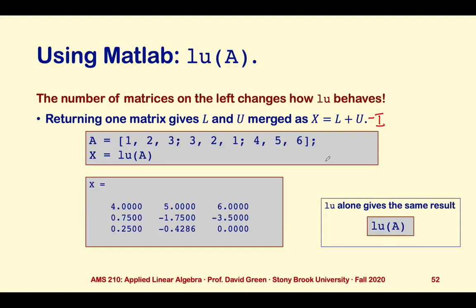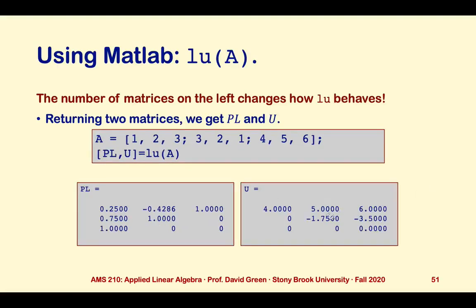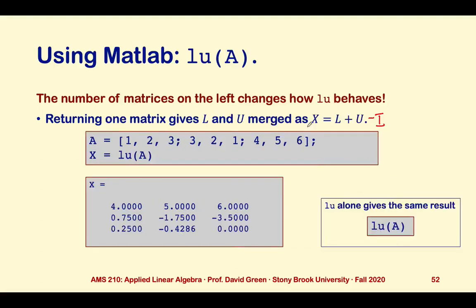If we add to that L minus I, which only has things below the diagonal, U, which only has things on the diagonal and above, then adding that together gives on the diagonal and above exactly what we had in U: 4, 5, 6, negative 1.75, negative 3.50. It has all of the information in L and U, but in this funny looking matrix.